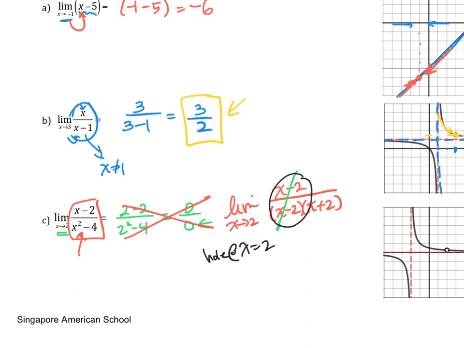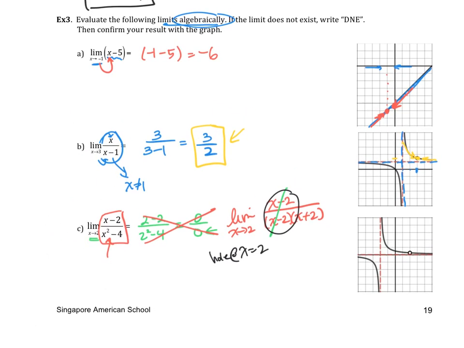So that is why it looks like there may not be a limit when we plugged it in, because there's a hole. So we know that it's going to tell us that a y value does not exist. However, we can still calculate that hole by plugging in the 2 here and see that the hole is at 2, 1/4.